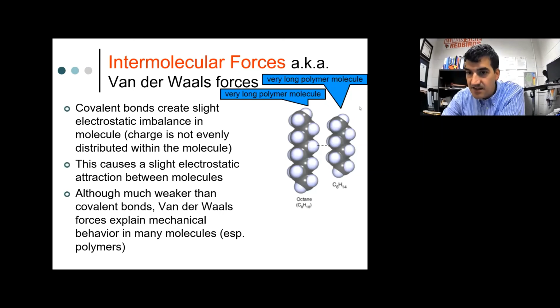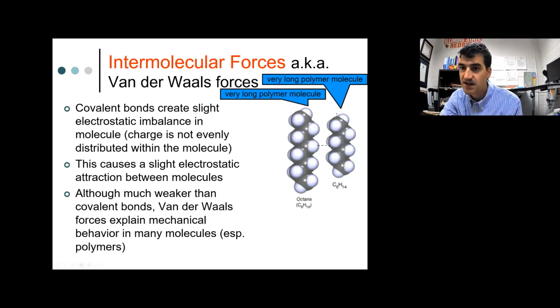And in here, right near the carbons, you end up having a slight negative charge because the electrons are more likely to be there, because carbon wants them a little more than hydrogen does. So you've got partial charges on this molecule.